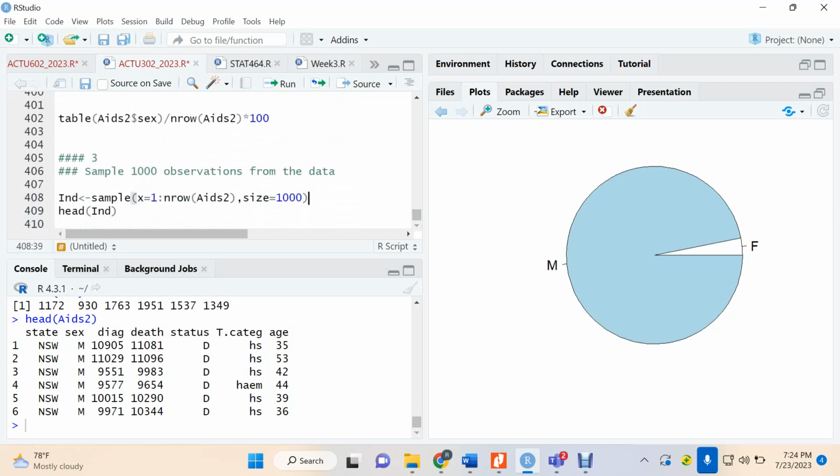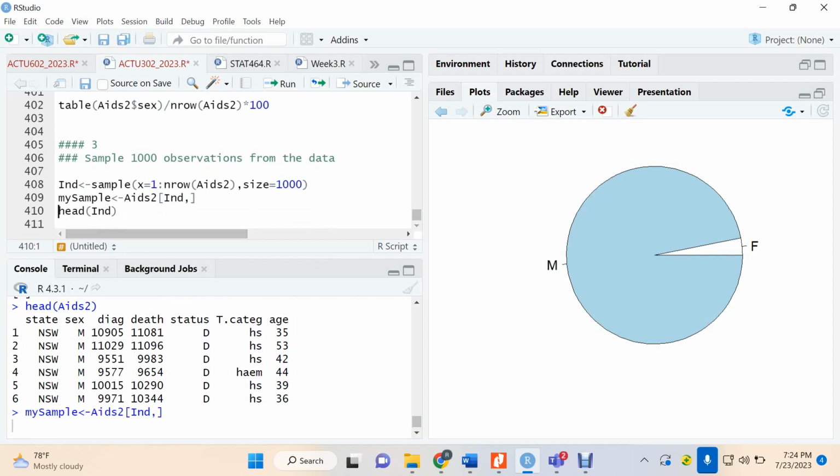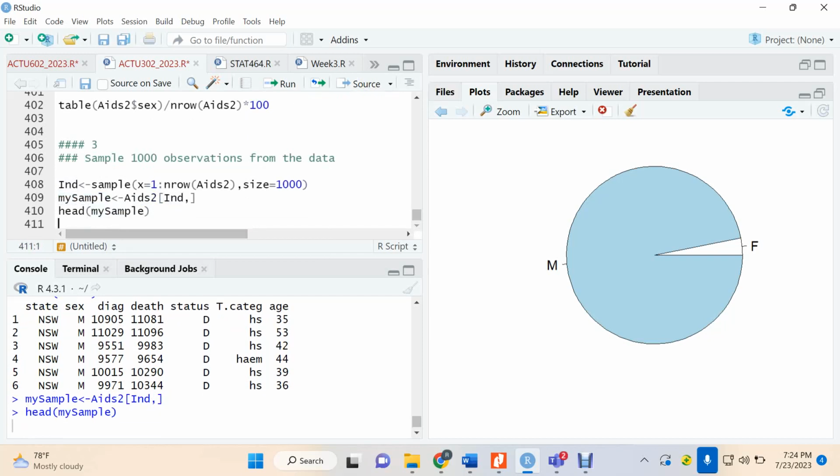So when you do this, let's say you name it my sample. Then you call your data, and you pass in your indicators, which is your sample result, like this. Just this simple thing, and there it is. So now if you do head of my sample, that's the second thing we said you should do.